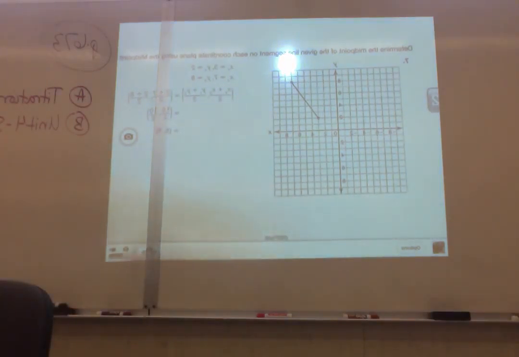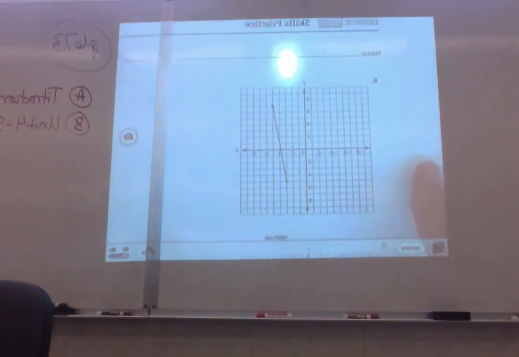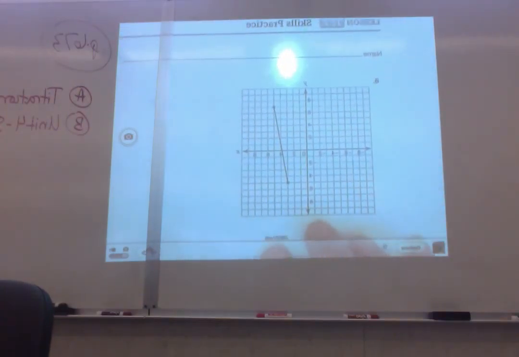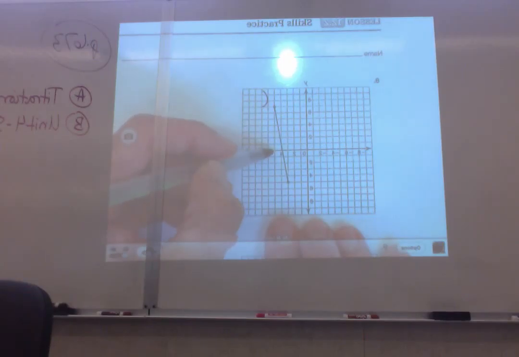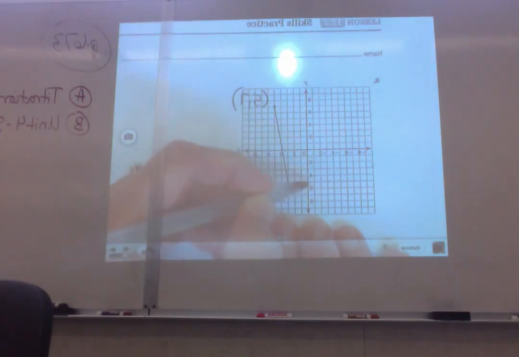So let's see, I'm looking at number 8 on page 601. Ordered pair here. This is 5 over 7 up. This is 3 over 5 down.